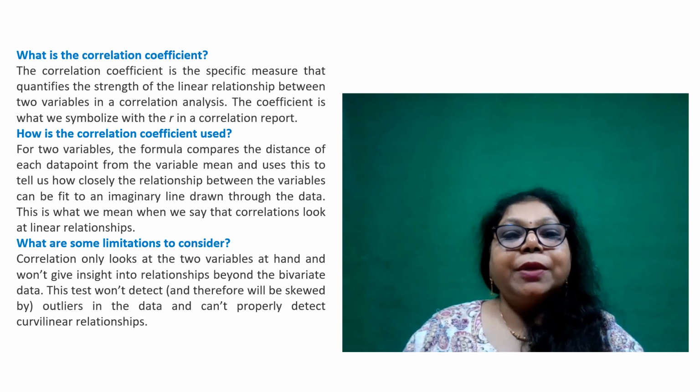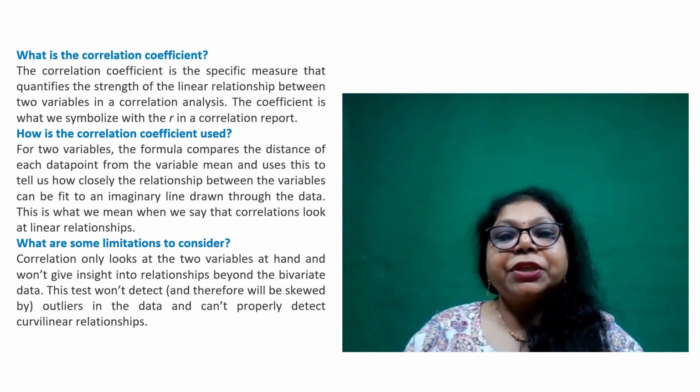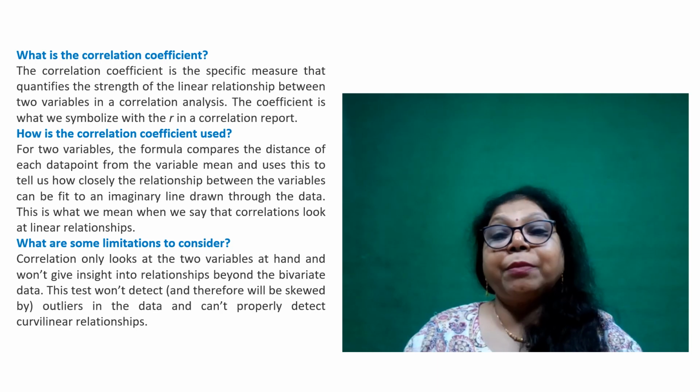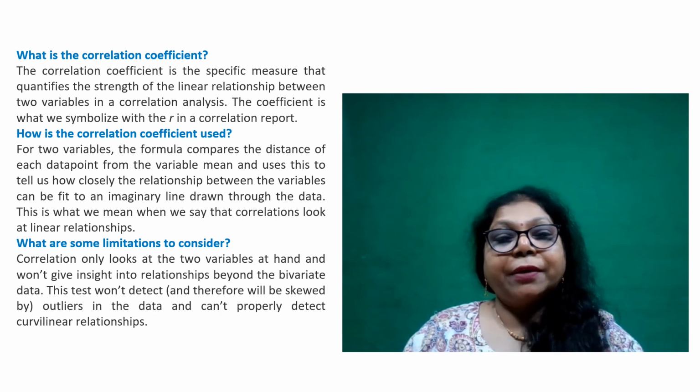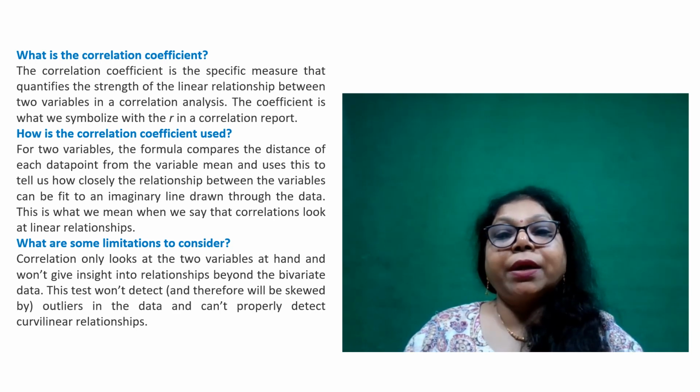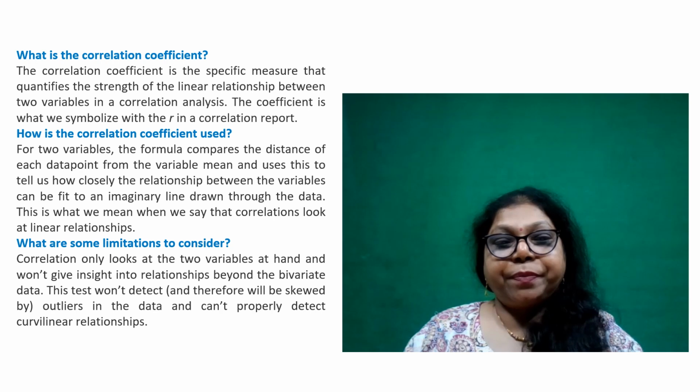For two variables, the formula compares the distance of each data point from the variable mean and uses this to tell us how closely the relationship between the variables can be fit to an imaginary line drawn through the data. This is what we mean when we say that correlations look at linear relationships.